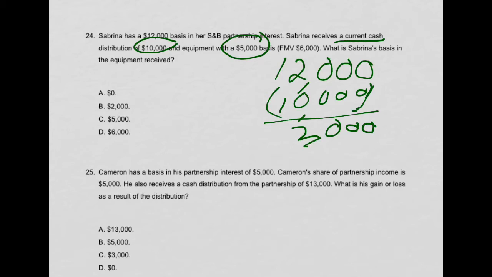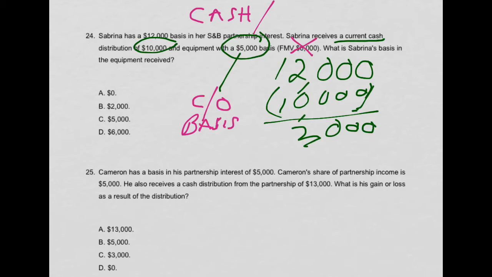Well, the equipment had a carryover basis of $5,000. That's the carryover basis. However, we don't have enough to absorb it. We ignore the fair market value, by the way, because only on cash or relief of debt do we have the possibility of a capital gain. Equipment or other assets take carryover basis, as we're saying.